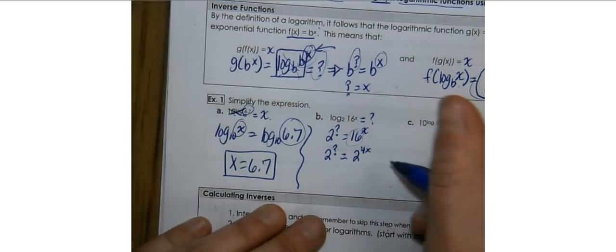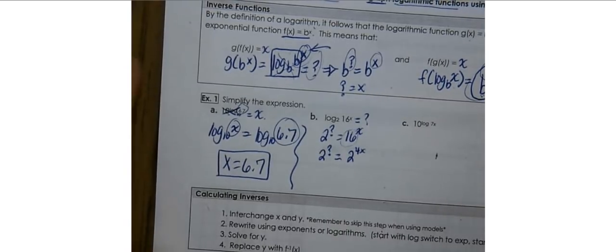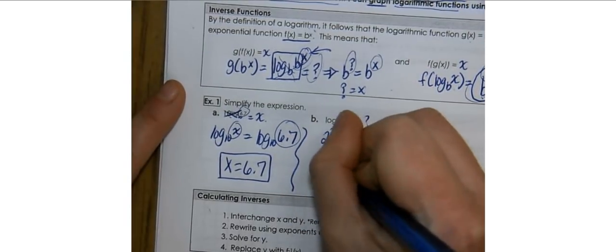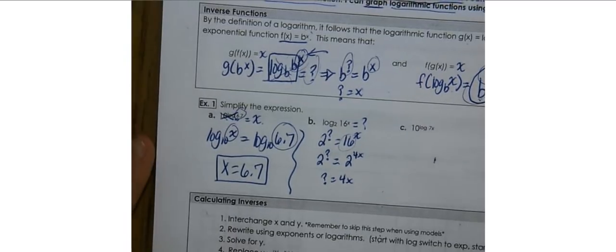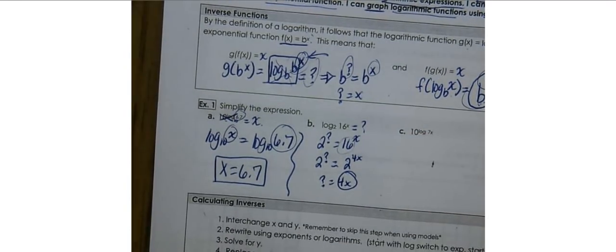So what would this expression equal? Well, question mark would be equal to 4x. So what's our answer going to be? Simply 4x. There would not be any solving for x in this case. We would be simplifying the expression.